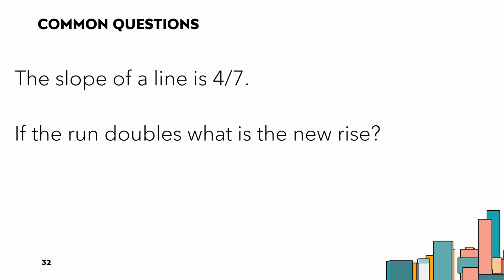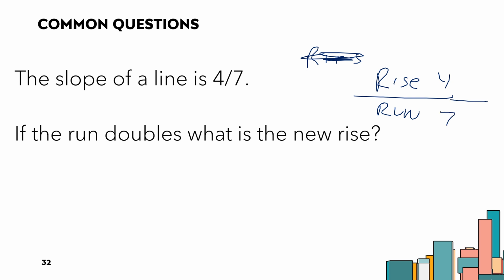Another common question you may see is, if the run doubles, what's the new rise? So how I would approach that is I would write rise 4, run 7. Double just means 2, so it could ask you triple or quadruple.